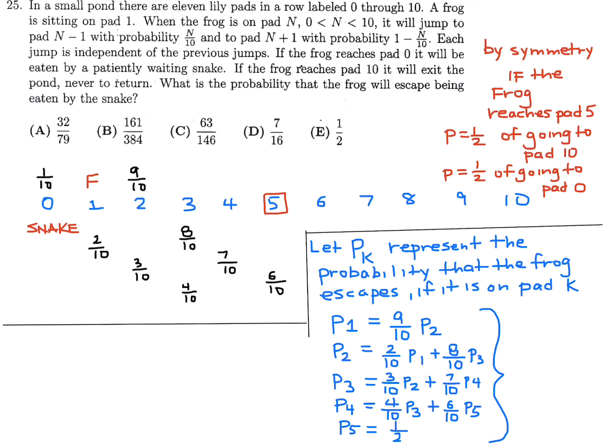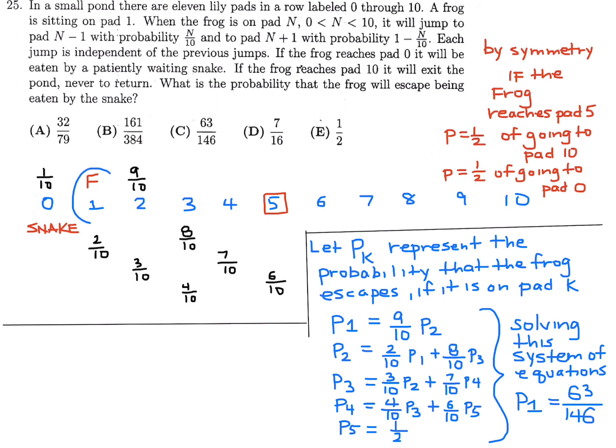When you do, you get P1 equal to 63 over 146. That means that because he starts off on pad number 1, 63 over 146 is the probability that the frog will escape. And therefore, for number 25, the answer is C.